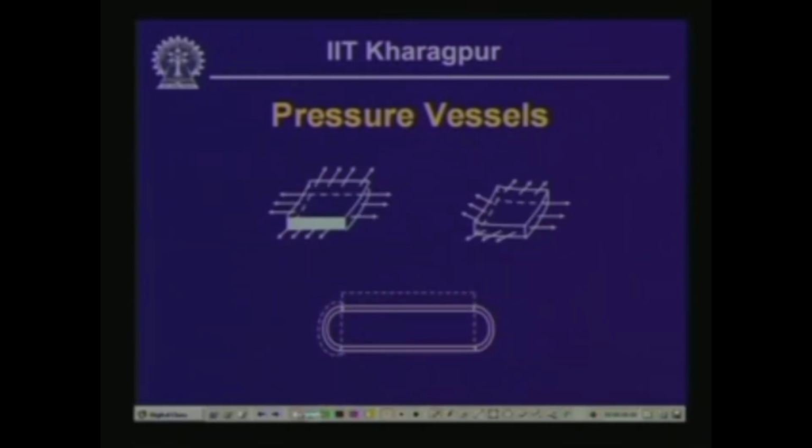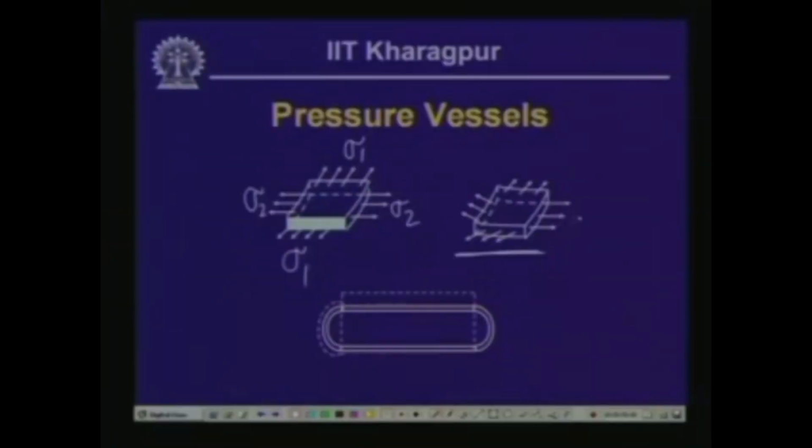Now, this is sigma 2, which is the longitudinal stress, in an element which has been taken out from the cylindrical vessel. In case of cylindrical vessel, along the longitudinal axis, the stress which exists really does not contribute to the equilibrium of the pressure which is being exerted on the curved surface by the content of the liquid.